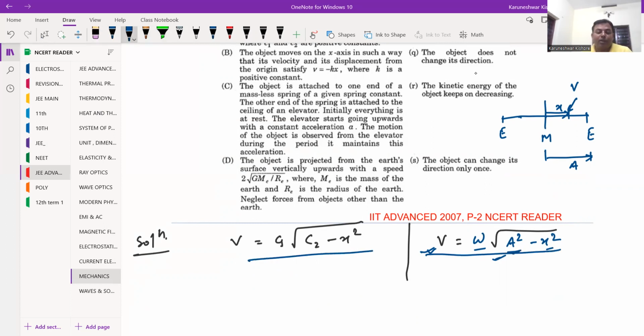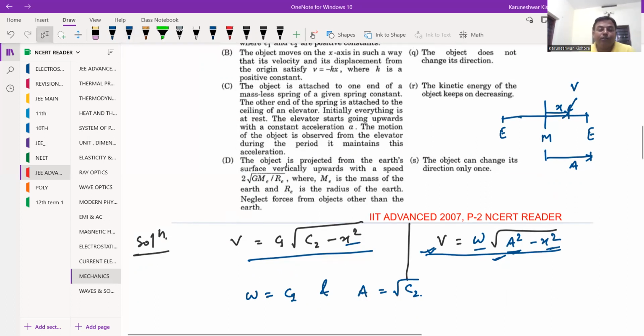If you compare the two equations, they resemble each other. So omega is the C1 value, and A squared is C2. So the amplitude will be root under C2, and the position is already x here also.